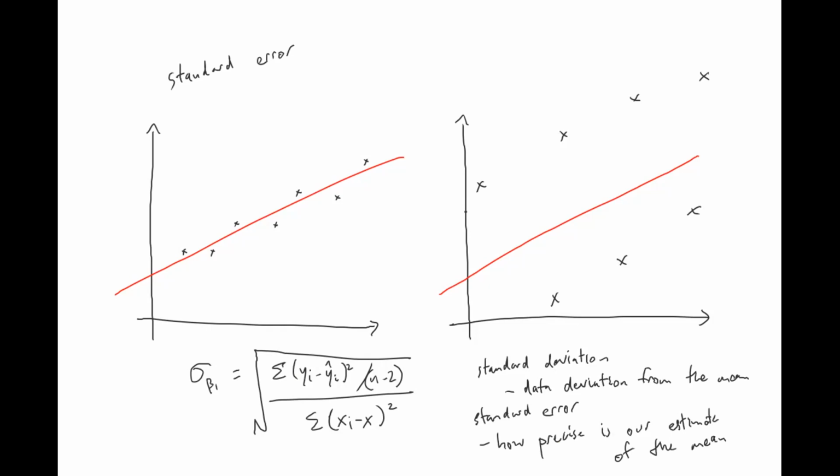So if this line represents the mean value of the fit, these models tend to assume that the distribution of possible line values here follows a normal distribution.